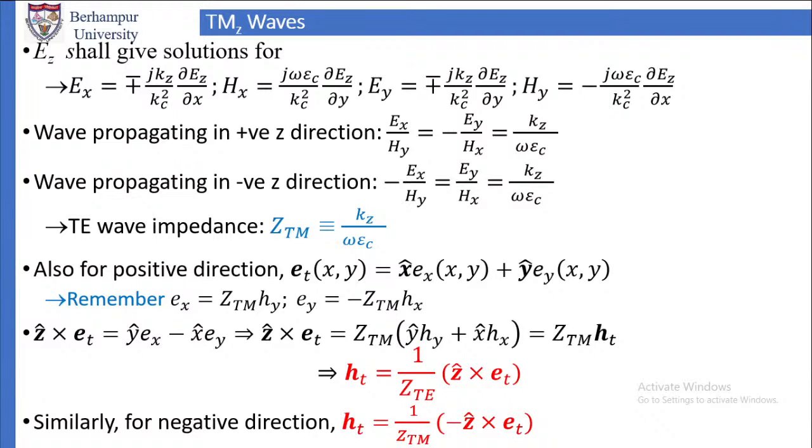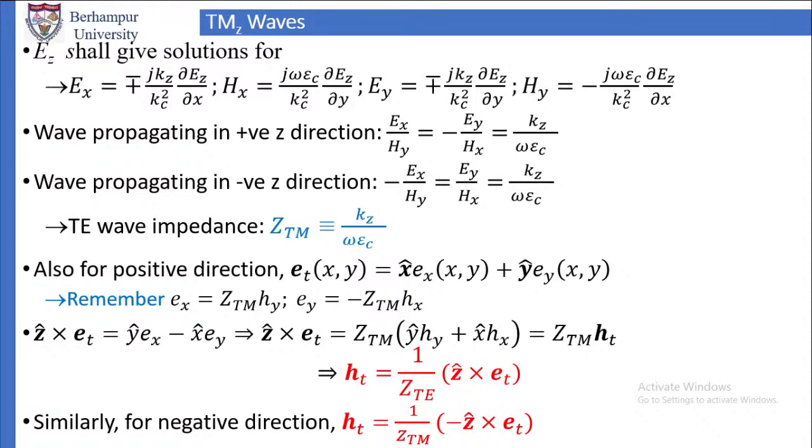Ex, Hx, Ey, Hy are functions of Ez only. That is, they are not functions of Hz. And these functions are: Ex is equal to minus plus j kz by k_c squared, dou Ez by dou x. Similarly, Hx is equal to j omega epsilon_c by k_c squared, dou Ez by dou y.